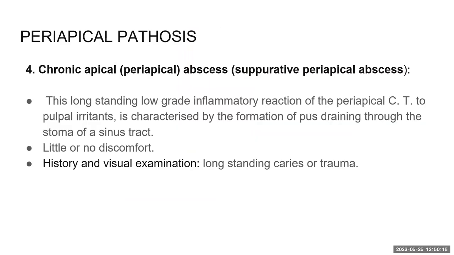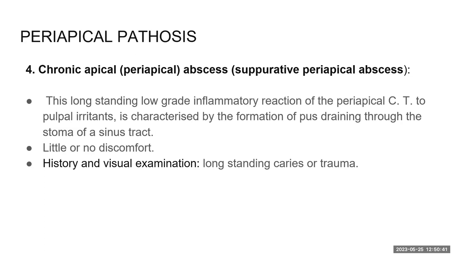Finally, chronic apical or periapical abscess, what's known as suppurative periapical abscess. As the pus found a way to be released from the cavity through connective tissue, stroma, and a sinus tract, in this case, it will be asymptomatic.